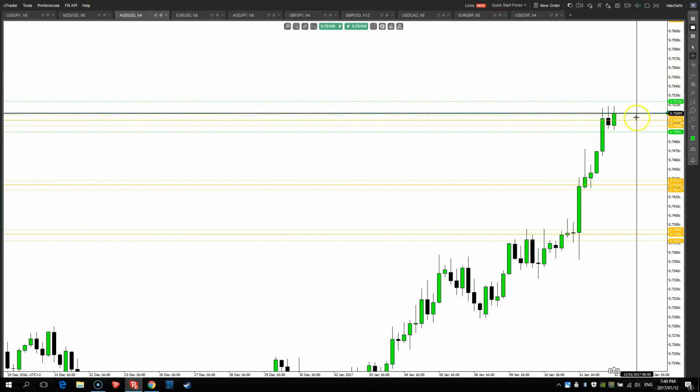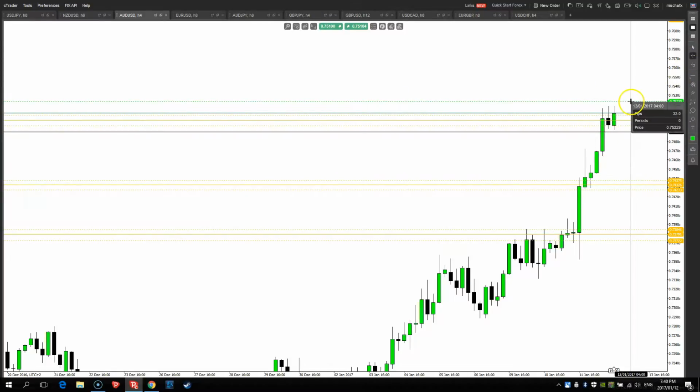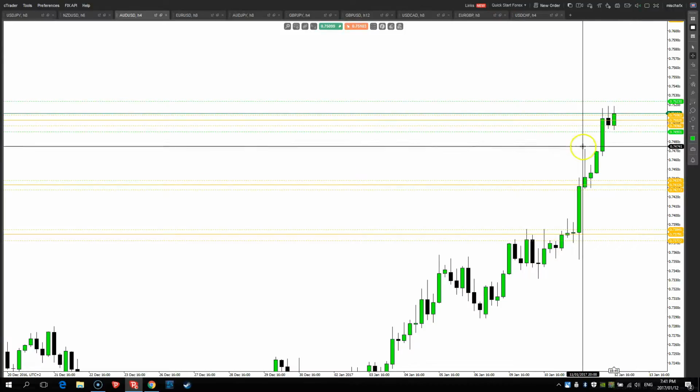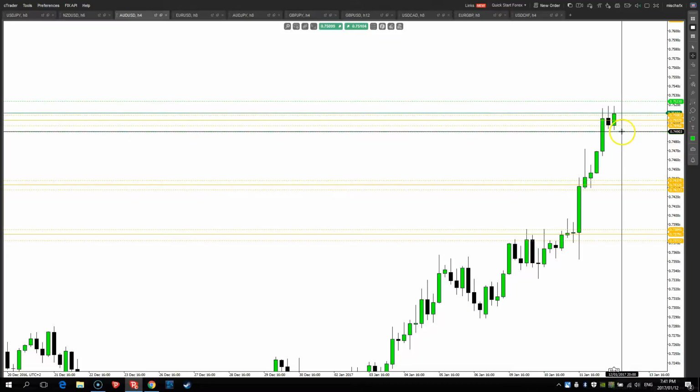How many pips is that? From here to there is 33 pips. So times 1.5. That's 15, 16 and a half. So 49.5. Around 50 pips. Okay, around about 50 pips.